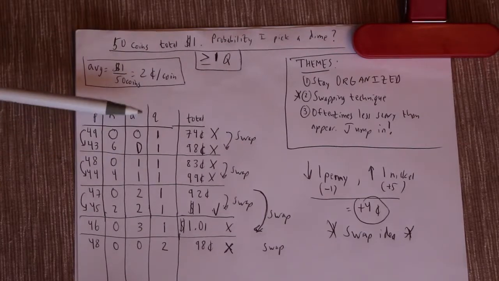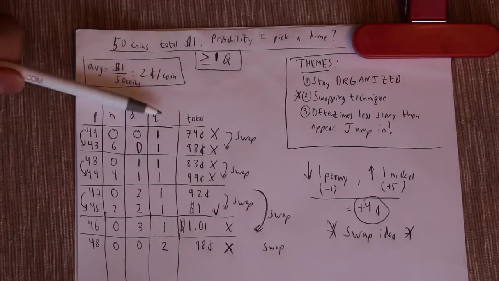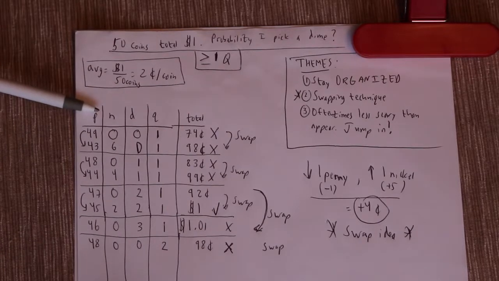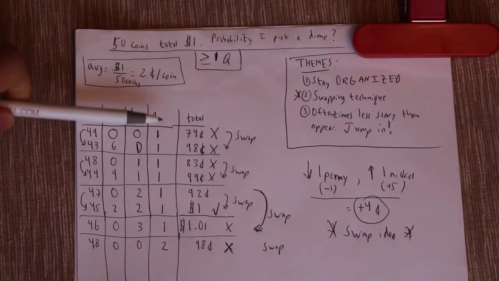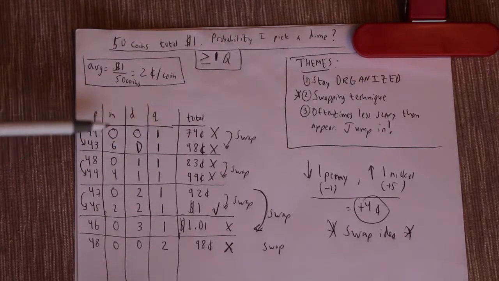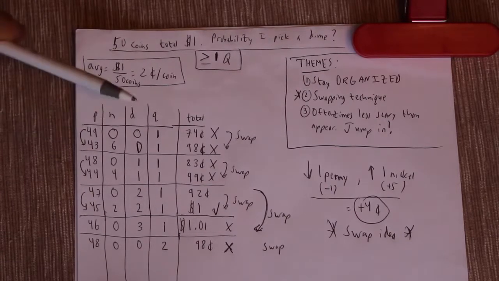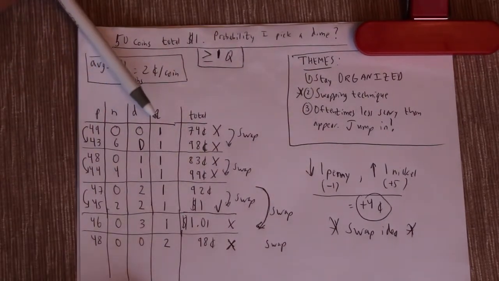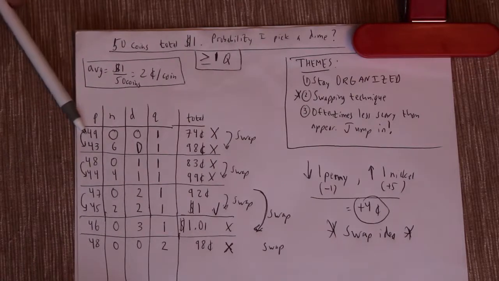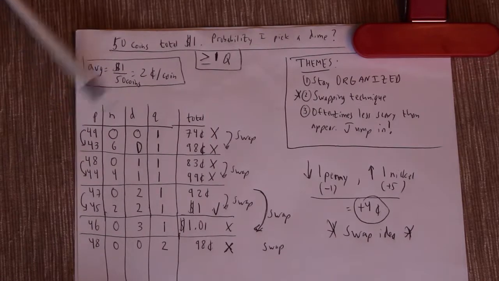Think of your P, N, D, Q almost like the thousands digit, the hundreds digit, the tens digit, and the ones digit. I want to start with the lowest number, so I don't want to increase these prematurely. I'm going to try to increase the pennies first. The lowest number I can try is 100, and then make all the rest of the coins pennies.